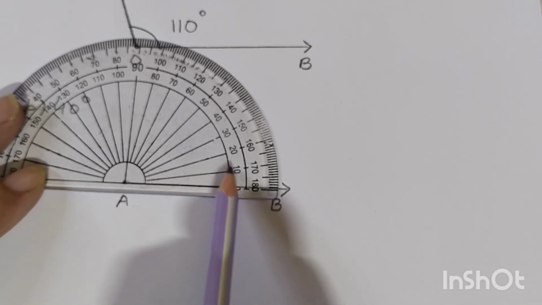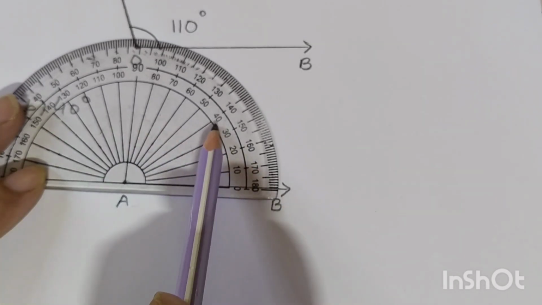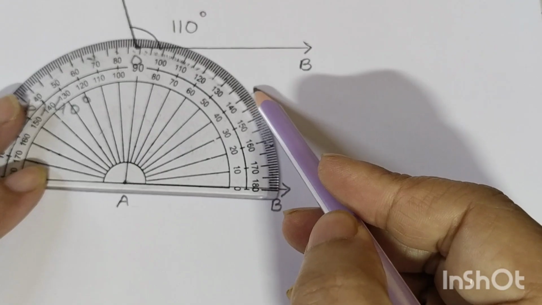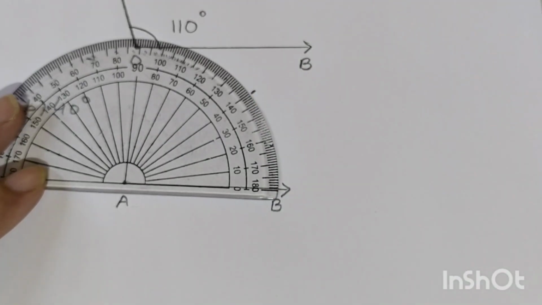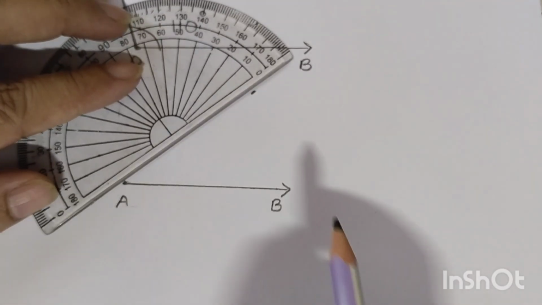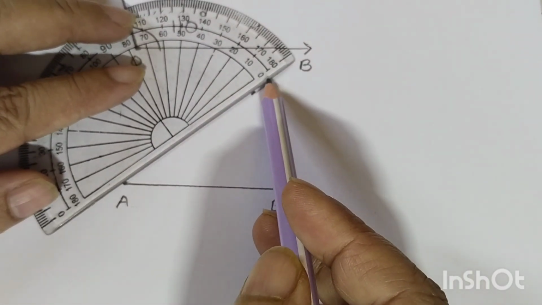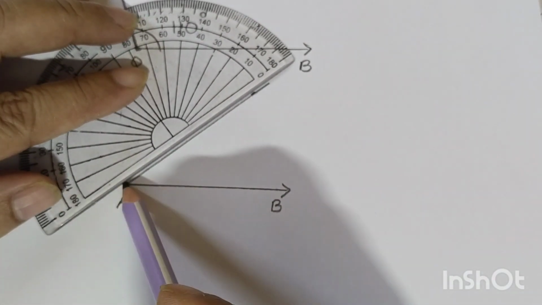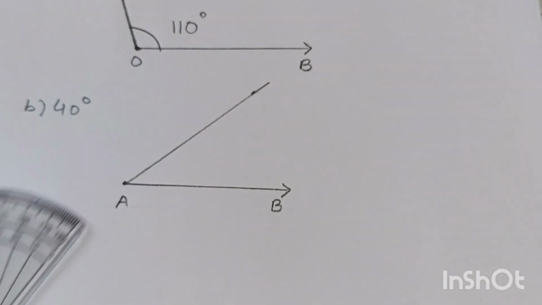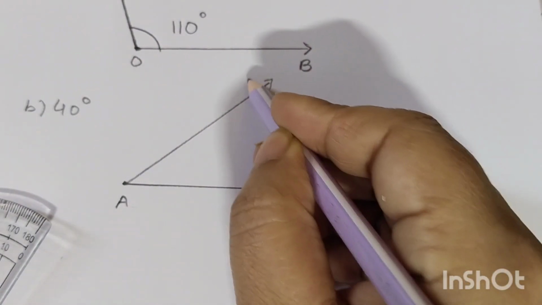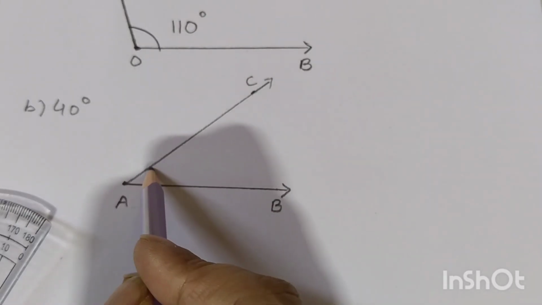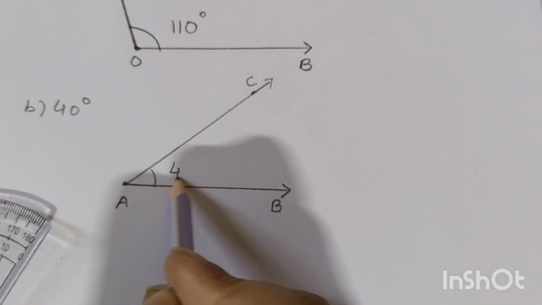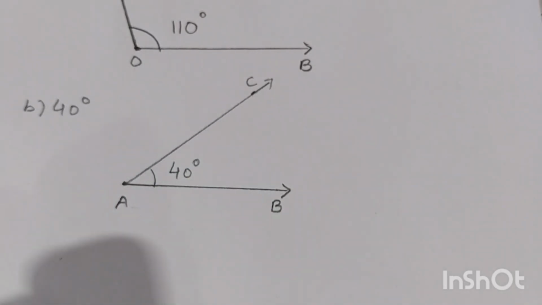Then from 0 count up to 40 degree. At 40 degree mark a point. Then carefully join these two dots. Mark this as C. Now angle CAB or BAC is of 40 degree.